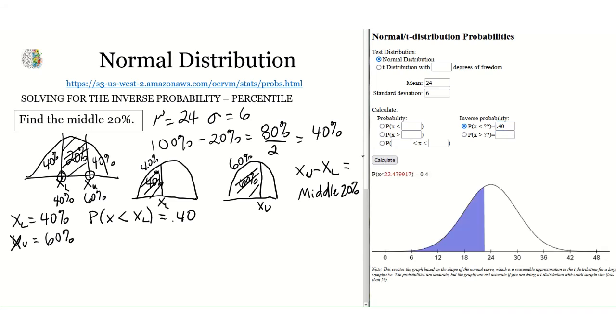That tells me my lower value is 22.4799. So this value right here where the purple and the white intersect is my lower value, and the shaded area is my lower 40%. Now let's solve for the upper boundary, which is going to be at 60%.